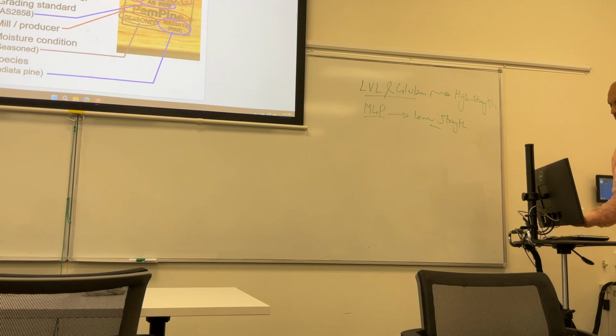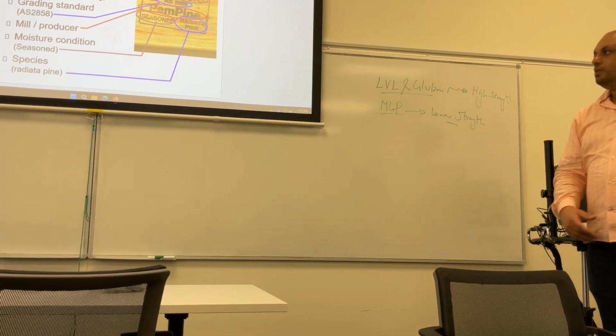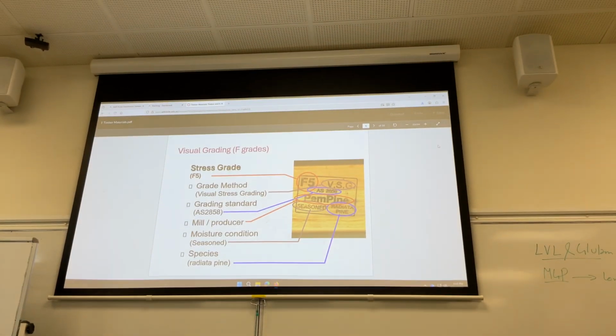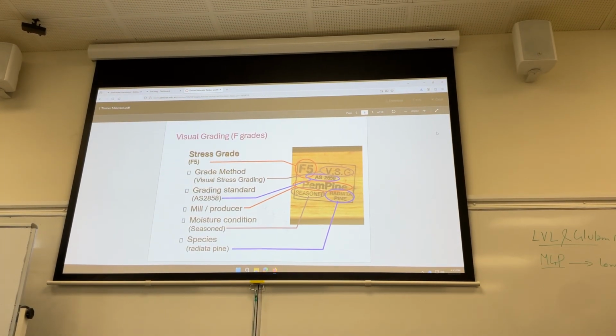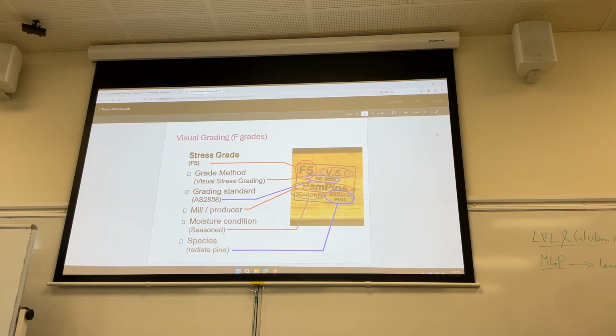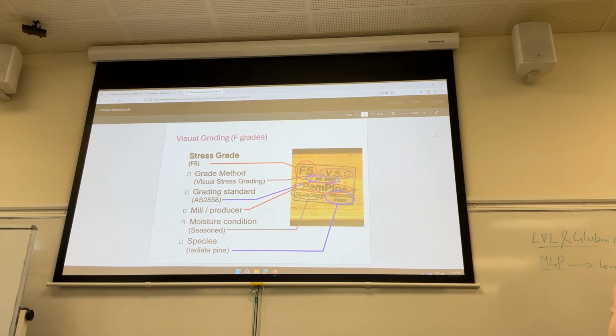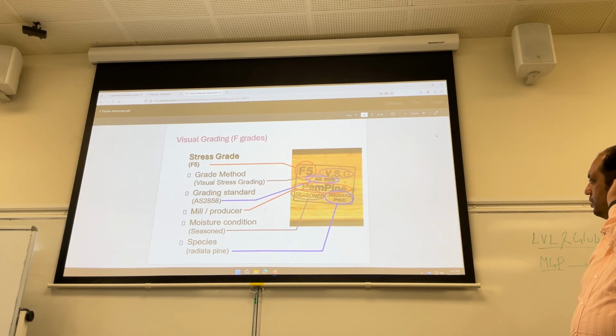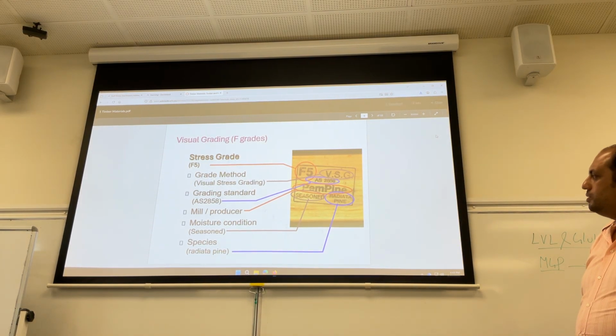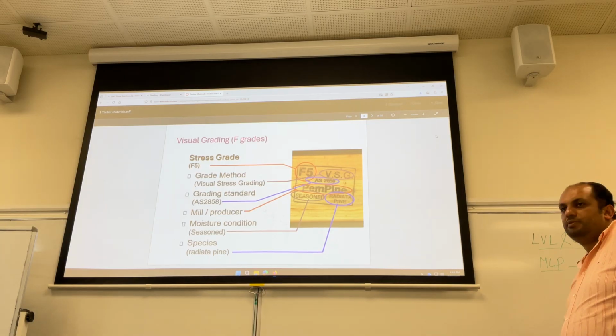So this is an example of the visual grading timber. This stamp has a lot of like most of the varieties we need for the timber. So this F grade. So what is the grade, stress grade of this timber? F5. And the grade method, visual stress grading.